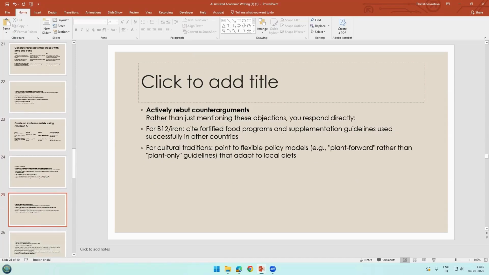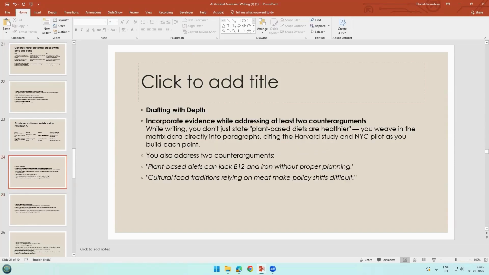right? So rather than just mentioning the objections, yeah, so like when we are talking about plant-based diets being healthier, right? There are two counter arguments: plant-based diets can lack B12 and iron without proper planning. Cultural food traditions relying on meat make policy shifts difficult.